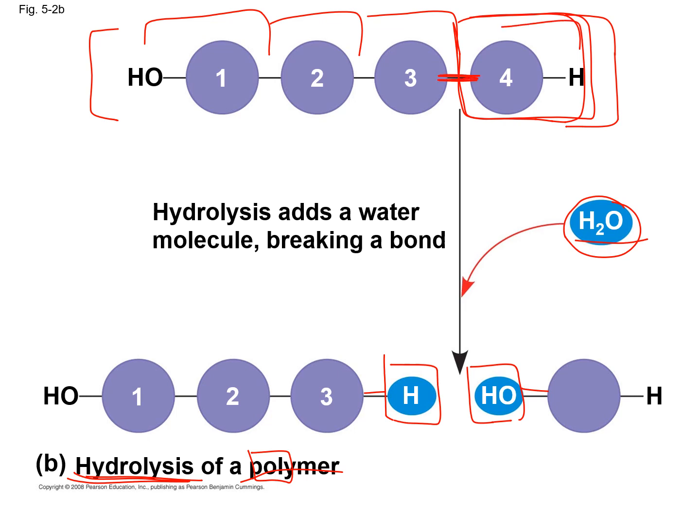In order to break off this subunit, this covalent bond needs to be broken. Now these two subunits who were sharing a pair of electrons are no longer sharing a pair of electrons, and so each subunit has an unpaired electron. In general, that is not a stable thing. Molecules like to have their electrons paired. So in order to repair these electrons, you need to reform these covalent bonds.